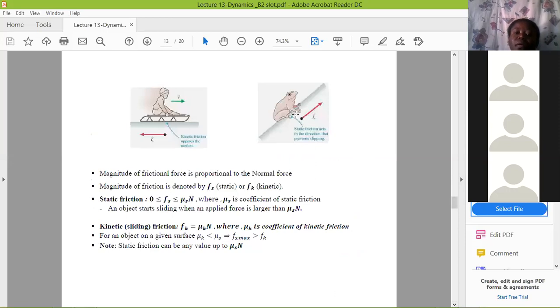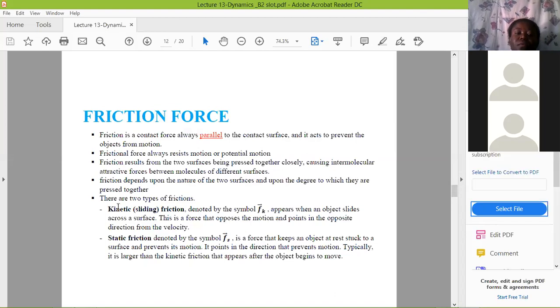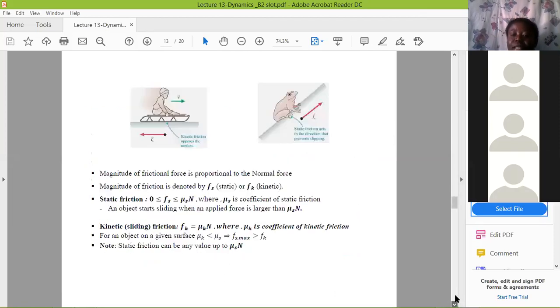These forces depend on the nature of the surfaces and on the degree to which they are pressed together. It depends on where the object is placed.